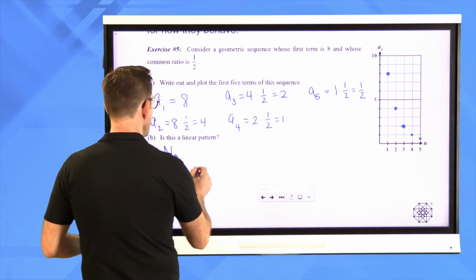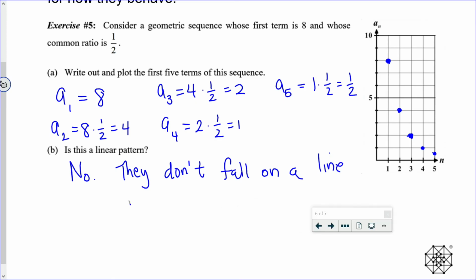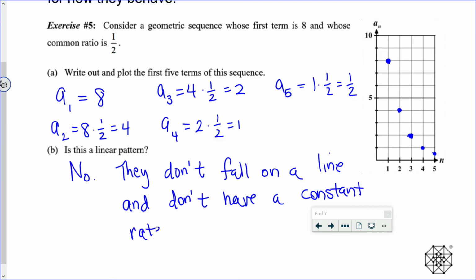So they don't fall on a line and don't have a constant rate of change.